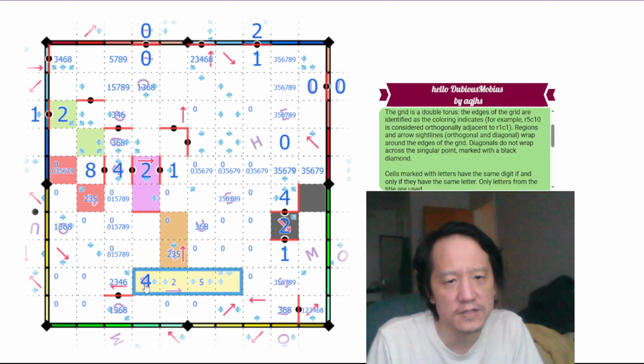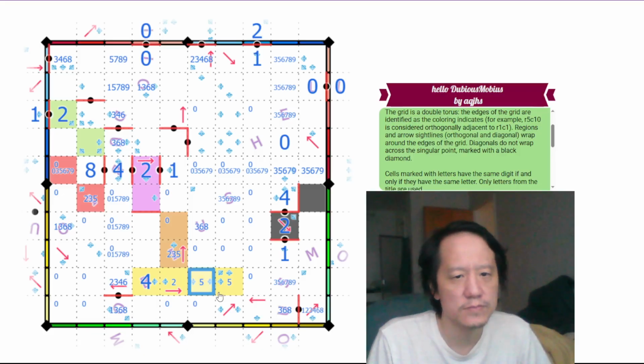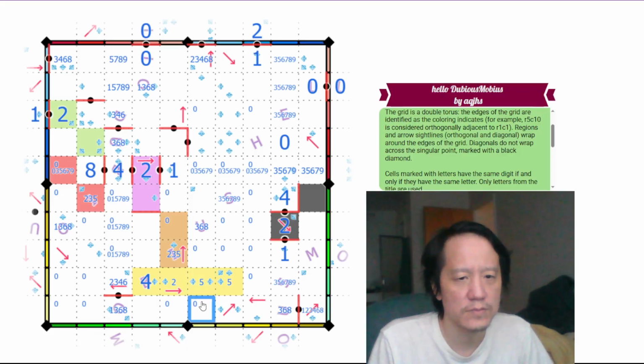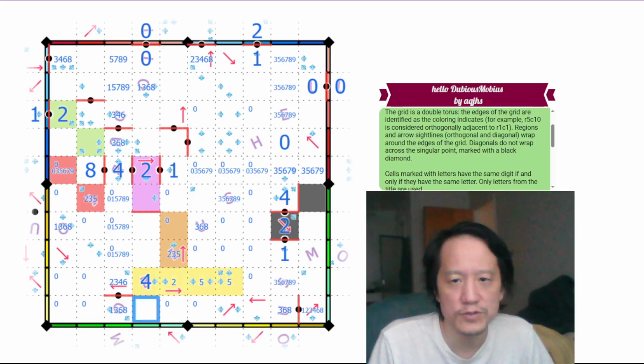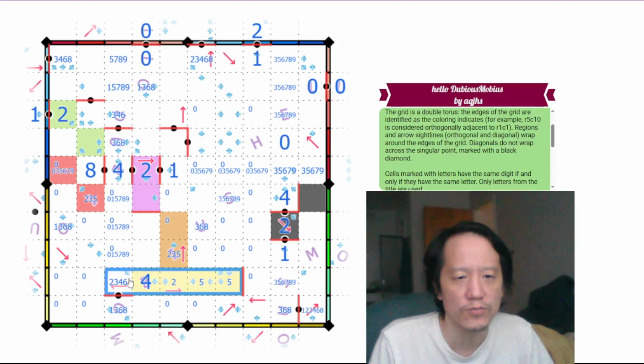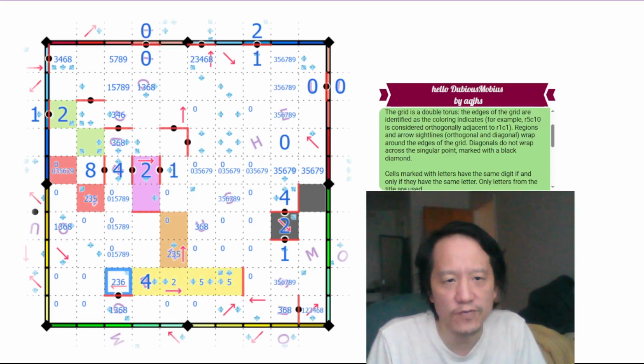This is at least 5 also. This sees only 4, so this is a border here. This then must see at least one other digit here, because otherwise this would be the same as this digit, and we can't have repeats in the same row. So this can't be 4 here.